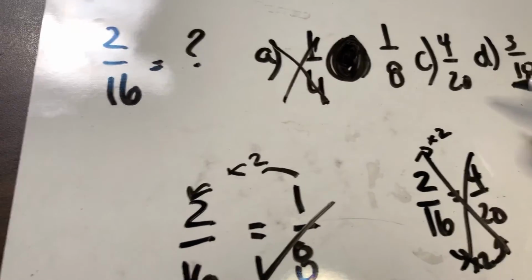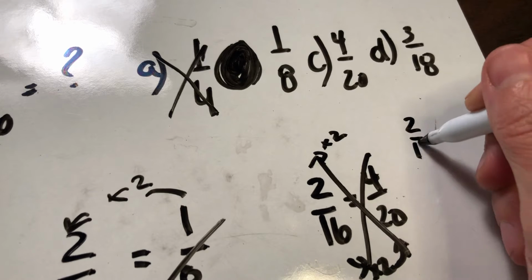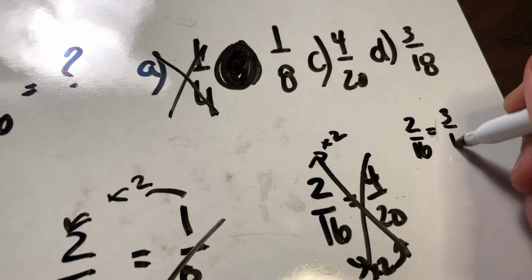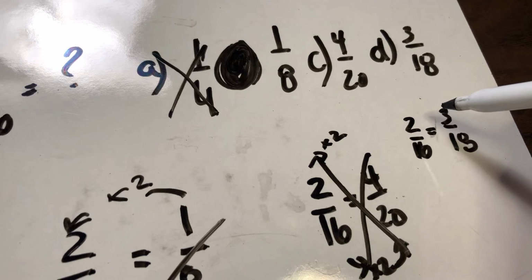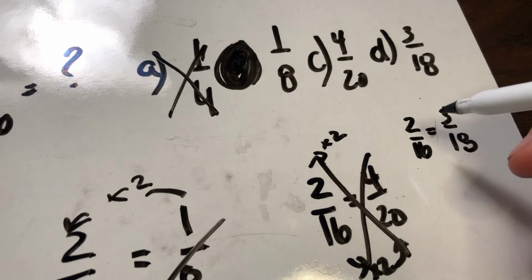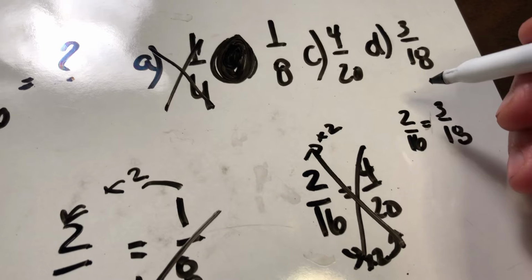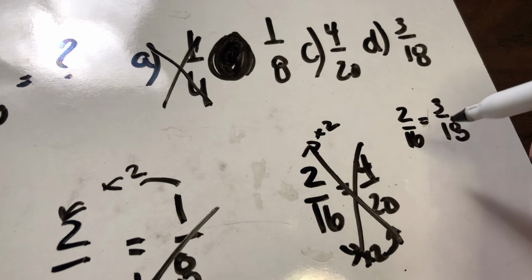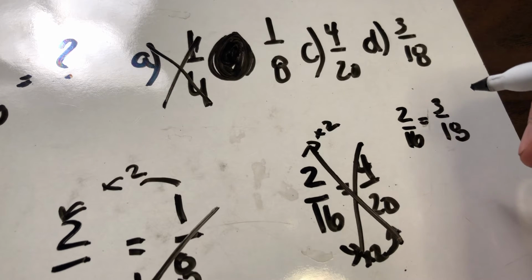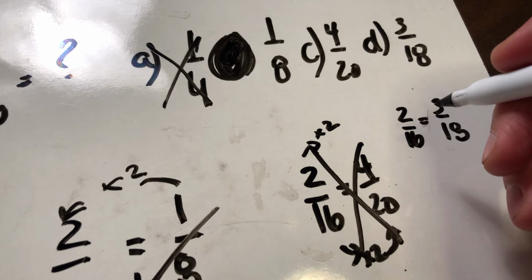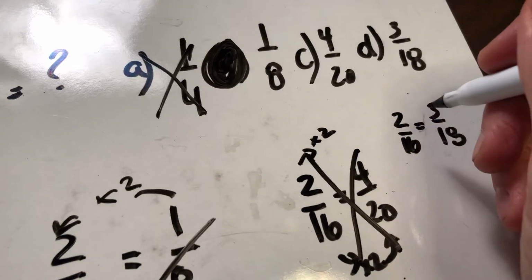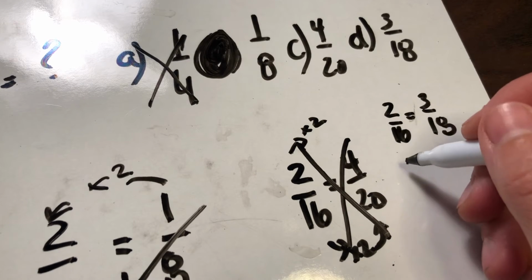So let's try the last one. 2 over 16 equals 3 over 18. So 2 to 3, you're going to multiply it by like 1 point something. 16 to 18. What's the quickest way to show that these are not equivalent? I think what I would do is reduce them.